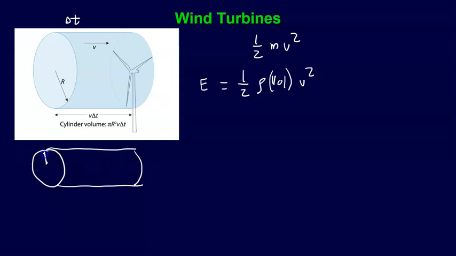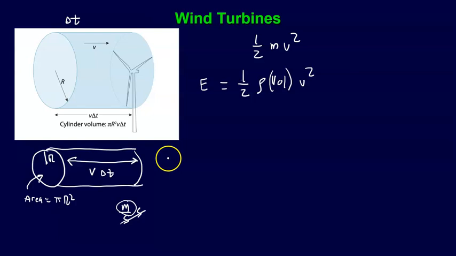Here, this would be the radius of the turbine, and so the area over here would equal pi r squared. Then the height of this cylinder is just going to be the velocity of the wind times delta t. You can think about that: velocity has units of meters per second, time has units of seconds, they cancel to leave units of meters. And so this cylinder has a base area of pi r squared.